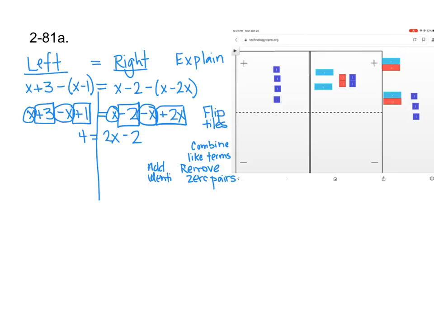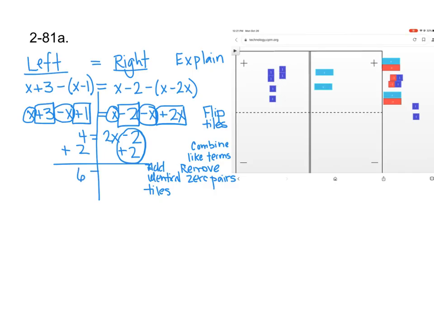Because I added 2 on the right, I must add 2 to the left in order to keep my equation balanced. And now I see here on the right-hand side, I can remove these zero pairs. So now on the left-hand side of the equation, I'm left with 6. And on the right-hand side of the equation, I'm left with 2x.